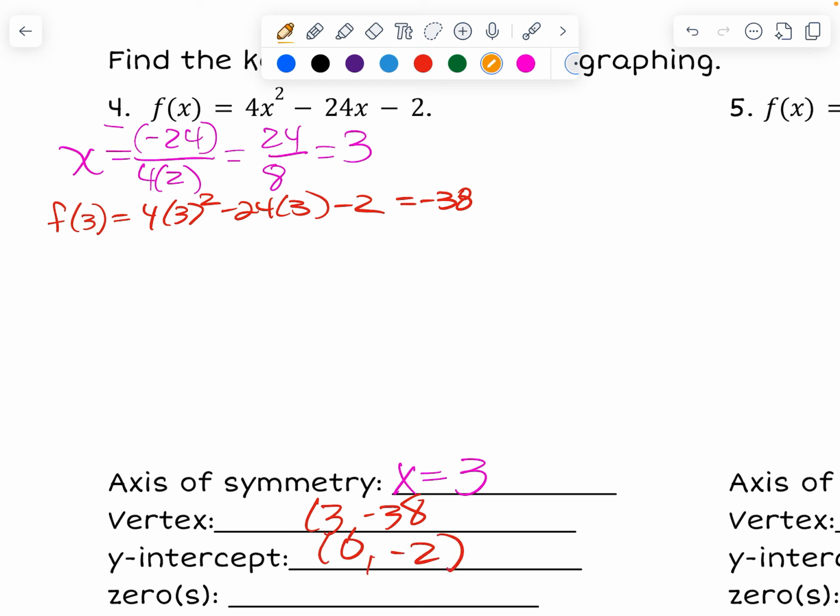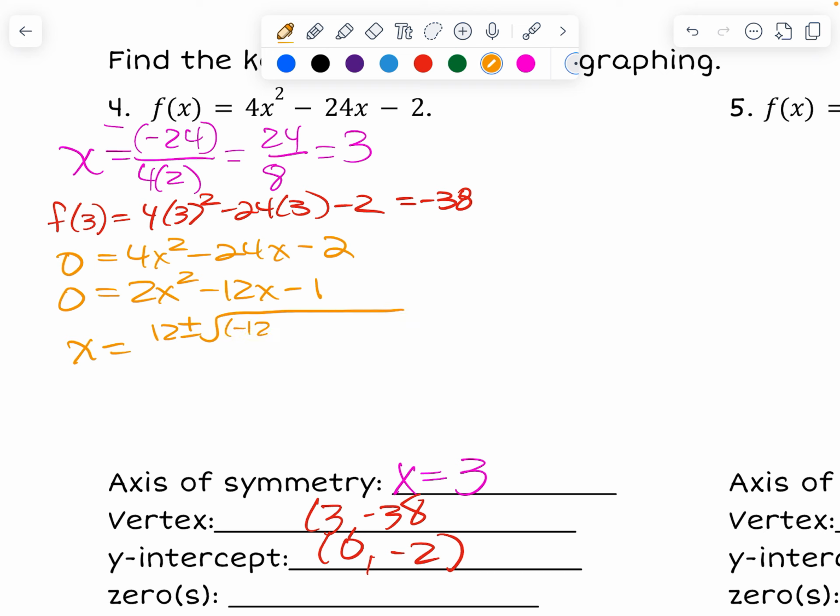The zeros. 0 equals 4x squared minus 24x minus 2. I'm going to divide everything by 2, and I get 2x squared minus 12x minus 1. Do the quadratic formula. 12 plus or minus the square root of negative 12 squared minus 4 times 2 times negative 1 all over 2 times 2.